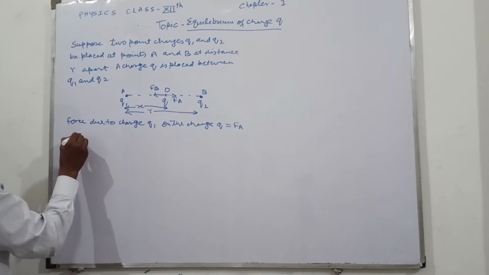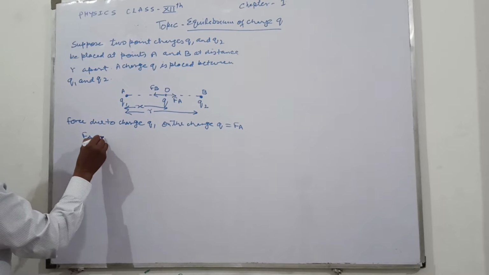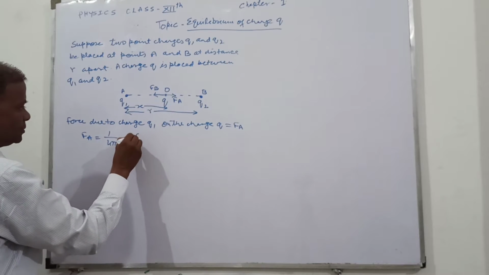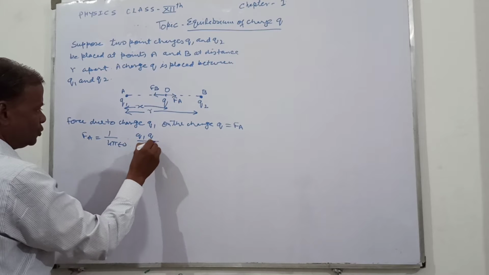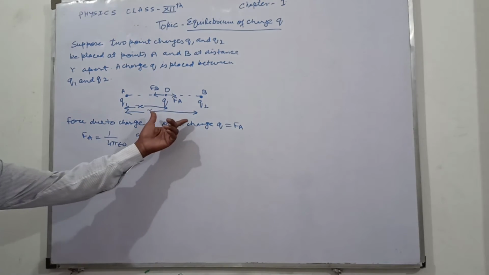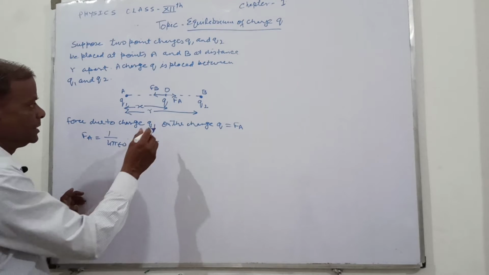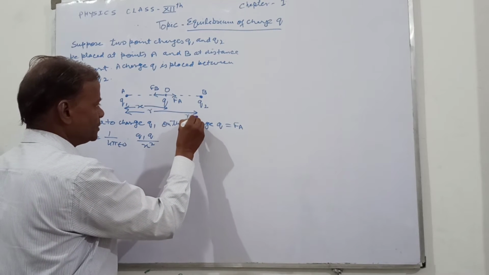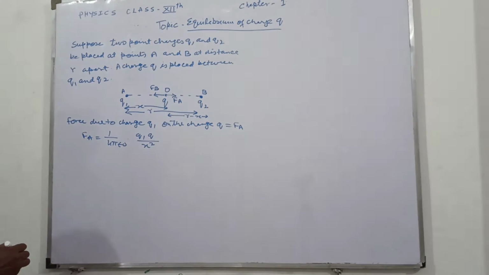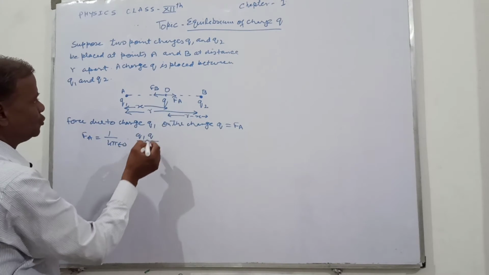Then Fa equals 1 upon 4 pi epsilon naught, Q1 into Q upon x square. The remaining distance is r minus x, clearly. So this force is towards B.